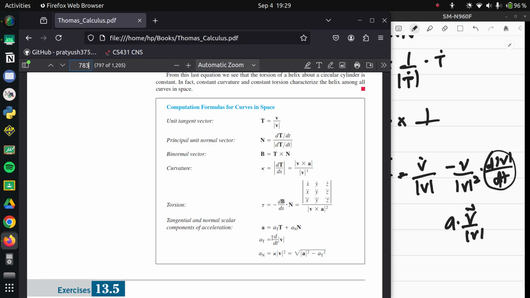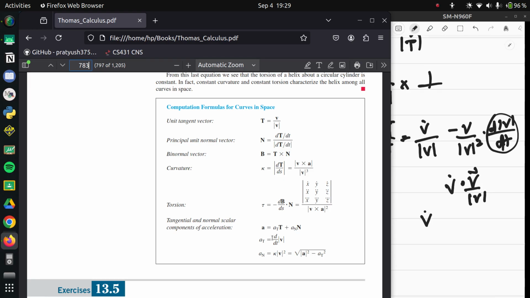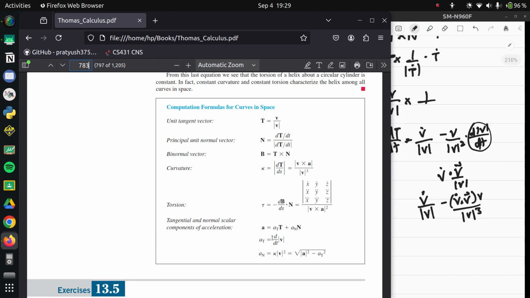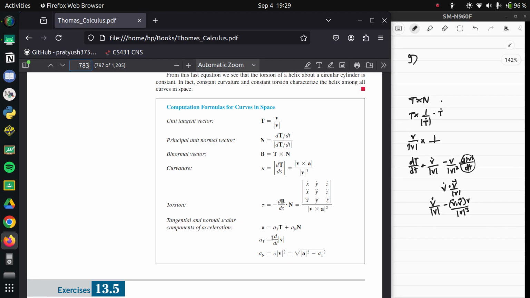So if I put that over there, and obviously a is just v dot, so that dotted with this stuff, it becomes v dot upon magnitude of v minus v dot dot v vector, and then v vector upon magnitude of v squared and another magnitude of v, just magnitude of v cubed. Yes, essentially that's what you're saying. Okay, so this is your t dot basically, isn't it?